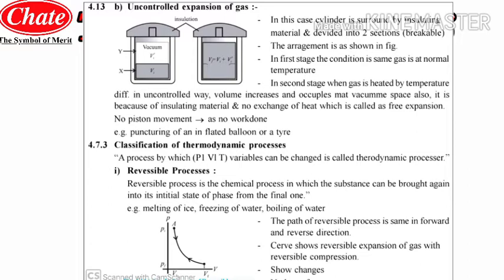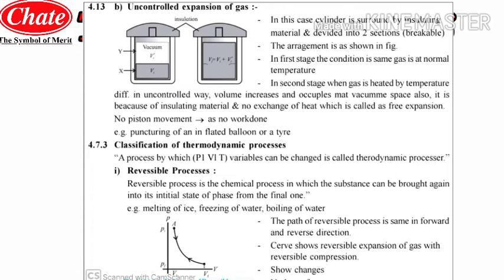At the first stage the same gas is there, but we are not heating it, we are keeping it at the normal temperature. As the gas is at the normal temperature, there will not be any increase in internal energy. So the gas will remain in a stable condition, below that partition which is breakable.